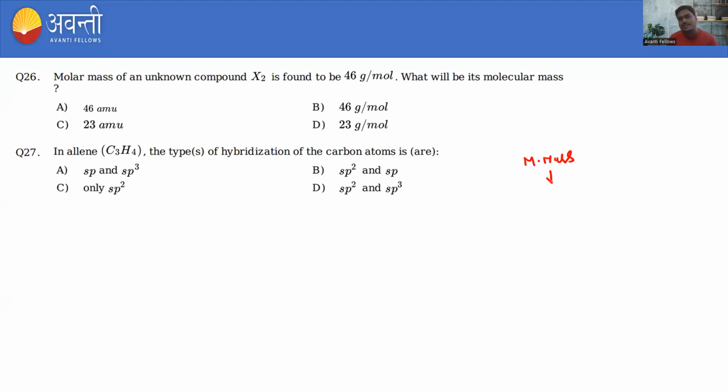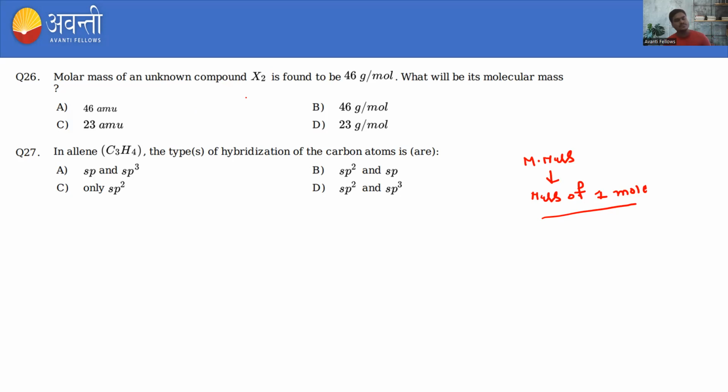So molar mass is nothing but the mass of one mole, whereas the molecular mass is the mass of the molecule. Numerically, they are all the same.